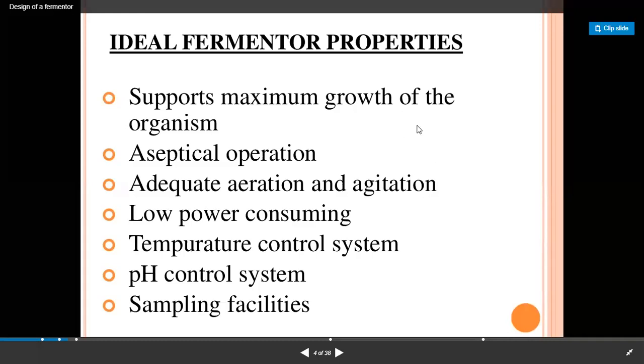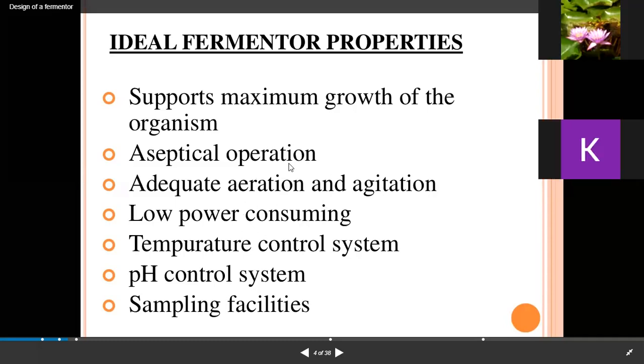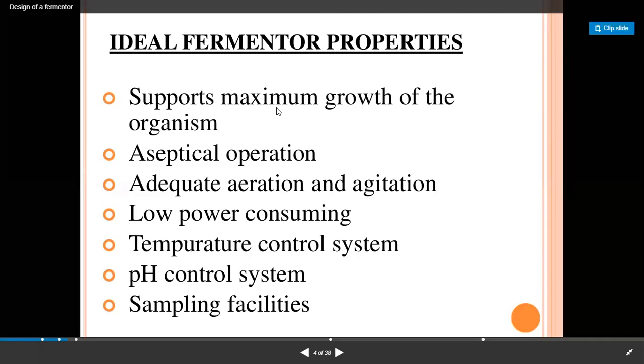Lower power consumption. If you use an apparatus other than a fermenter for fermentation, there is a lot of power utilization. So to reduce power consumption also, fermenters are useful. Then we use fermenters for temperature control. There is also a facility for pH control in the fermenter design.